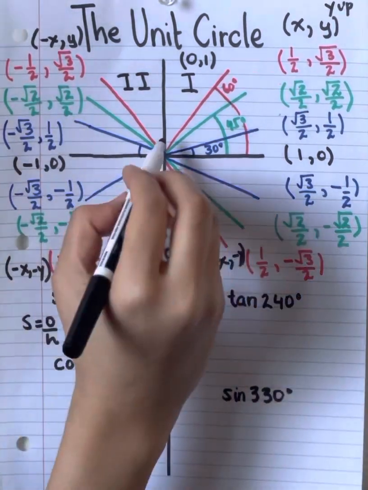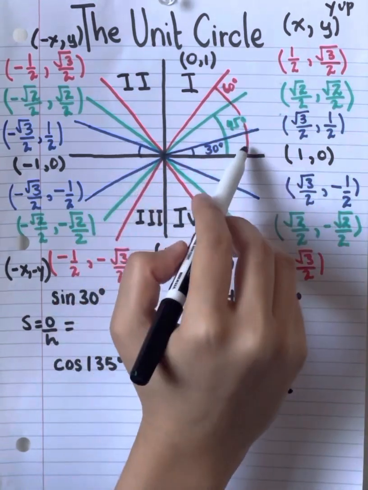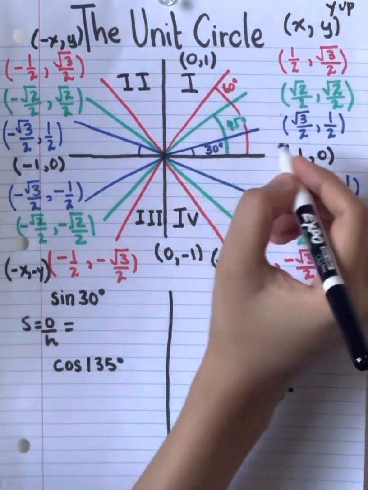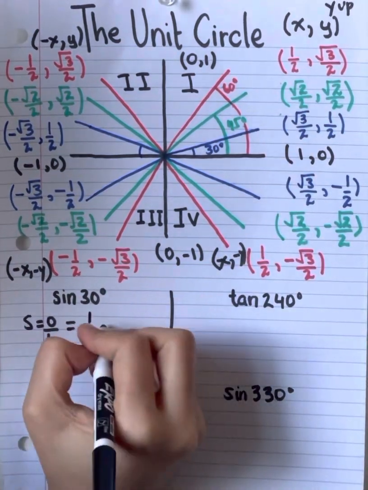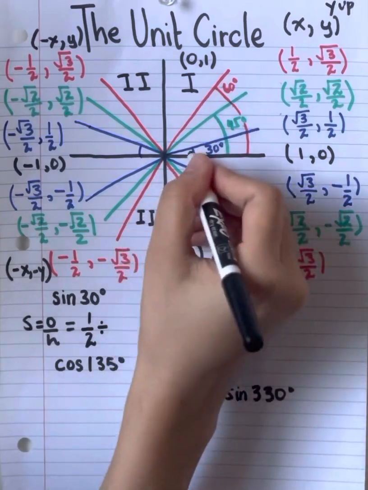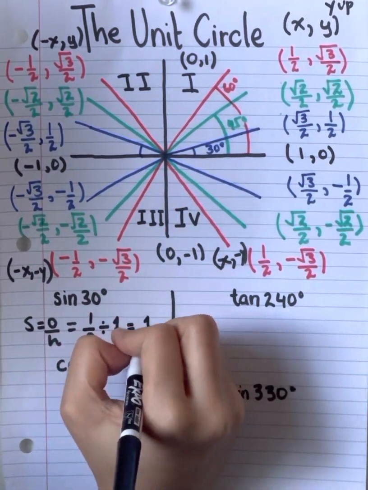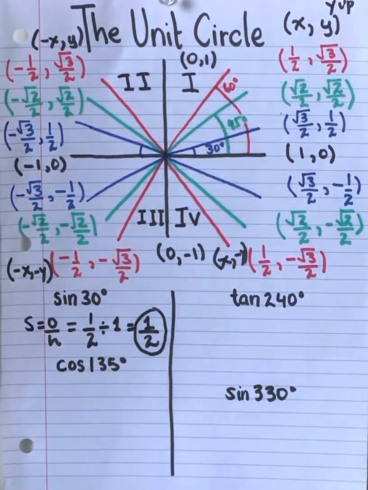So opposite is the y-axis. So here for sine 30, y is a half, divided by the hypotenuse, which is 1. So it's 1 over 2. So that's our sine 30.